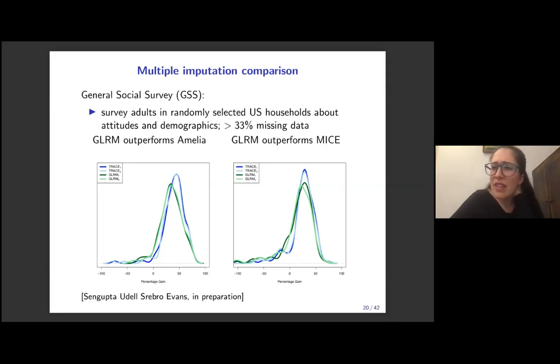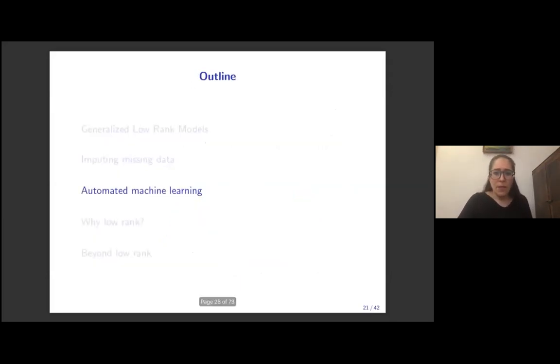Part of the reason is that the generalized low rank model has a consistent view of what's going on in this data set, whereas mice is doing things iteratively. That makes it hard to converge, it takes a long time to converge, and it's not even clear that there is a limit distribution. Okay, great.